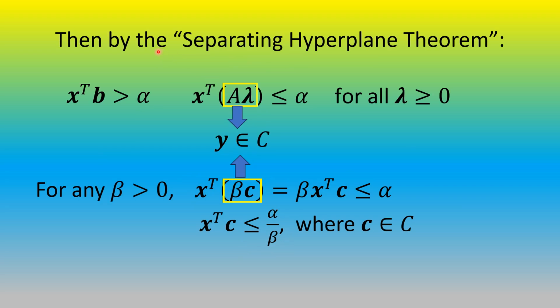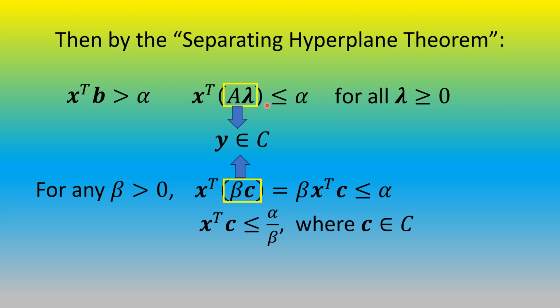So if the primal condition isn't true, that is, if b is not a member of the cone C, then by the separating hyperplane theorem, x transpose times this vector b is greater than some scalar alpha. And x transpose times a vector in the cone, we'll call it y, which is equal to A lambda, a member of C, the cone, is less than or equal to alpha.